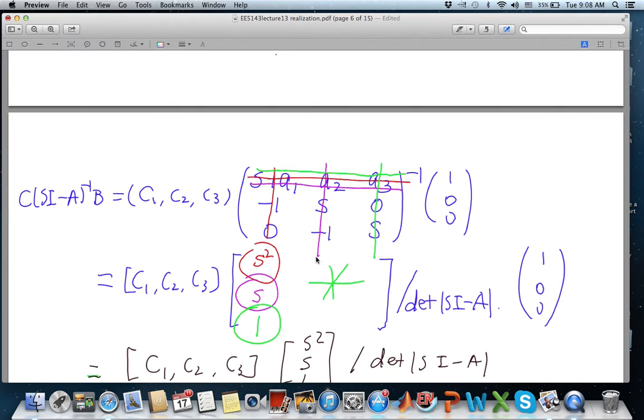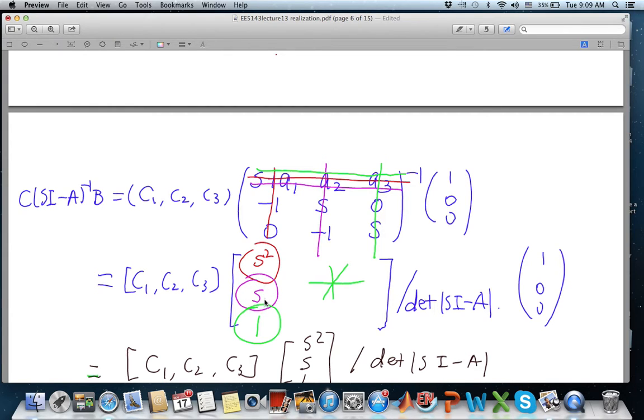So the inverse matrix is obtained by the adjugate matrix divided by the determinant of sI minus A. For the adjugate matrix, the first element is obtained when I cross out the first row and first column, and I have the determinant of s, 0, negative 1, s. When I calculate it, it's s squared.